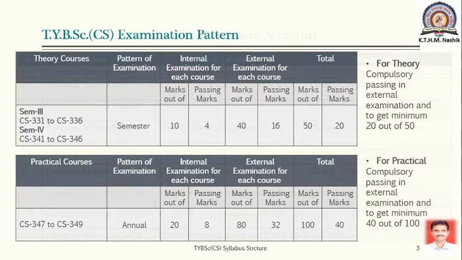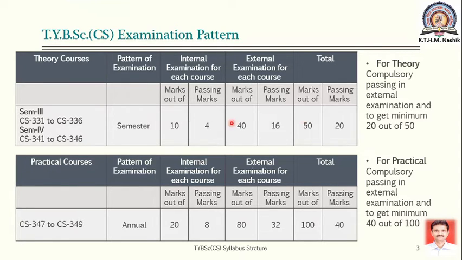Now, let us come to examination pattern. For theory courses in semester 3 and 4, examination will be conducted by the university at the end of every semester. Each theory paper will carry 50 marks.